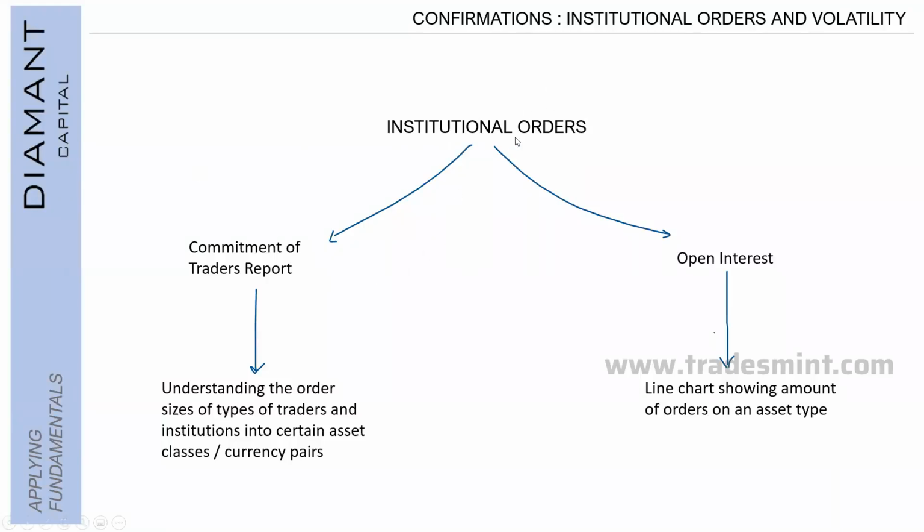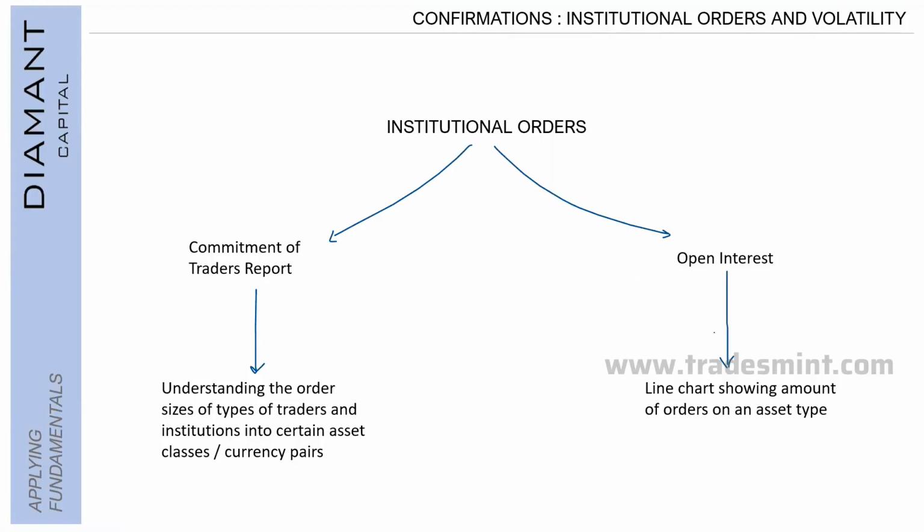First thing we're going to look at is the institutional orders. It consists of two components: you've got the commitment of traders report, and then you've got open interest. The commitment of traders report, also known as COT, is about understanding the order sizes of types of traders and institutions in certain asset classes and currency pairs. It's a document that shows every single recorded order in the market.